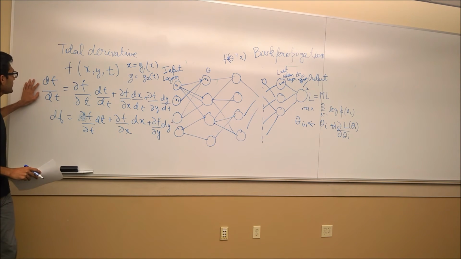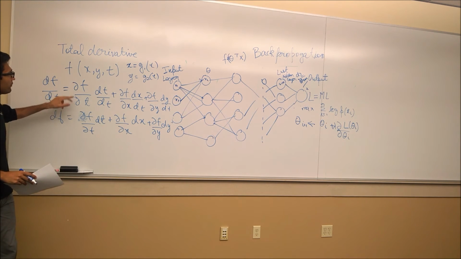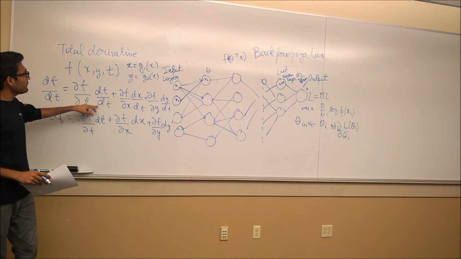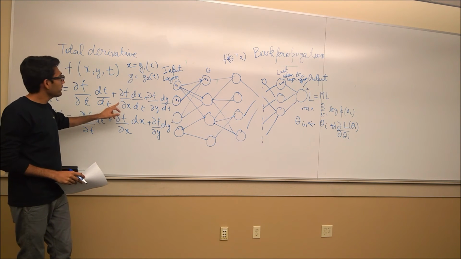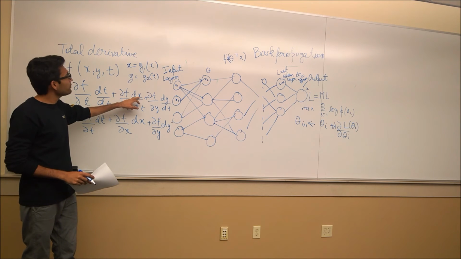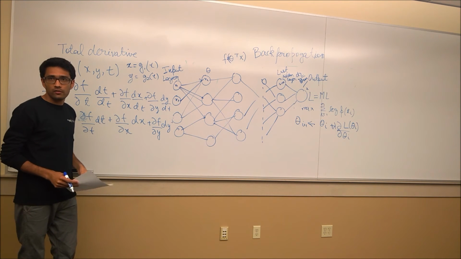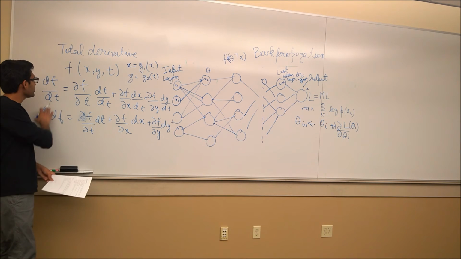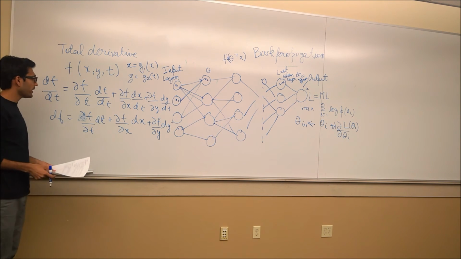Essentially, what this formula says is that if you have to calculate the derivative of f with respect to t, you calculate the partial derivative of f with respect to t, and the derivative of t with respect to t, which is just 1, and then you add the partial derivative of f with respect to x and the derivative of x with respect to t, and so on for y. And then you can multiply the whole thing with dt, and this is what you get.